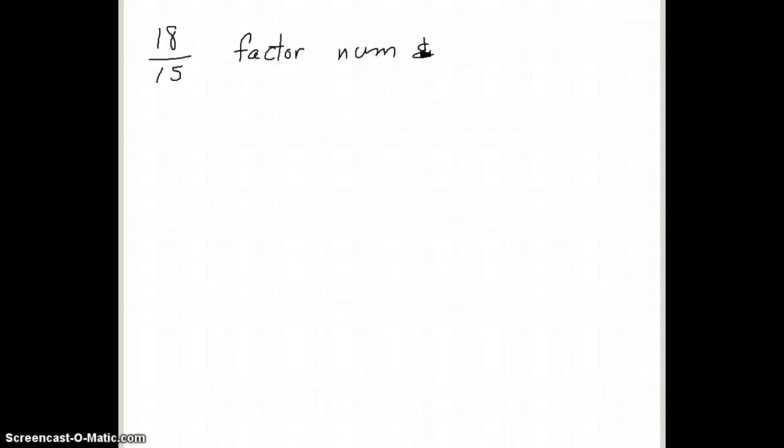Let me pause. Okay, so I have 18 divided by 15, and I want to see if I can reduce that. I'm going to do this by writing each number in factored form. So I'm going to factor the numerator and the denominator.